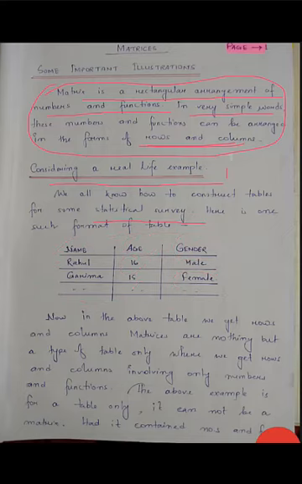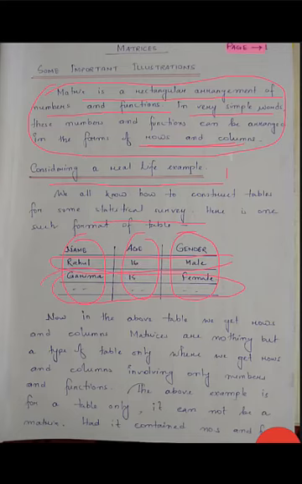Now in the above table, we get rows and columns. It is very clear that in this table, the vertical arrangements will be considered as columns, and the horizontal arrangements, like this part, will be considered as rows. So in this tabular form, we are getting rows and columns.